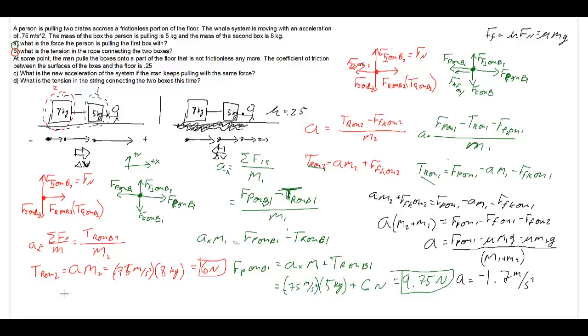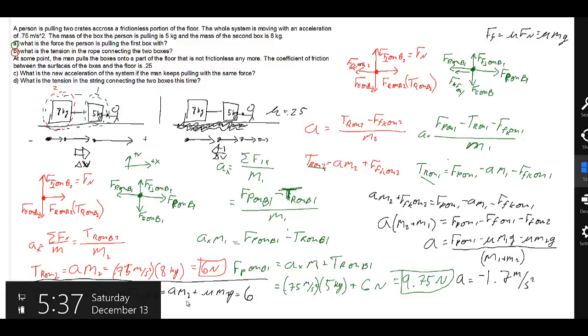We know that our tension rope on 2 is equal to A times M2, now that we know A, plus force kinetic friction on 2, which we know is mu m2g, which, if you plug this in, gives us a tension of, believe it or not, 6 newtons. Interesting how that works, huh? Alright, there you have it.